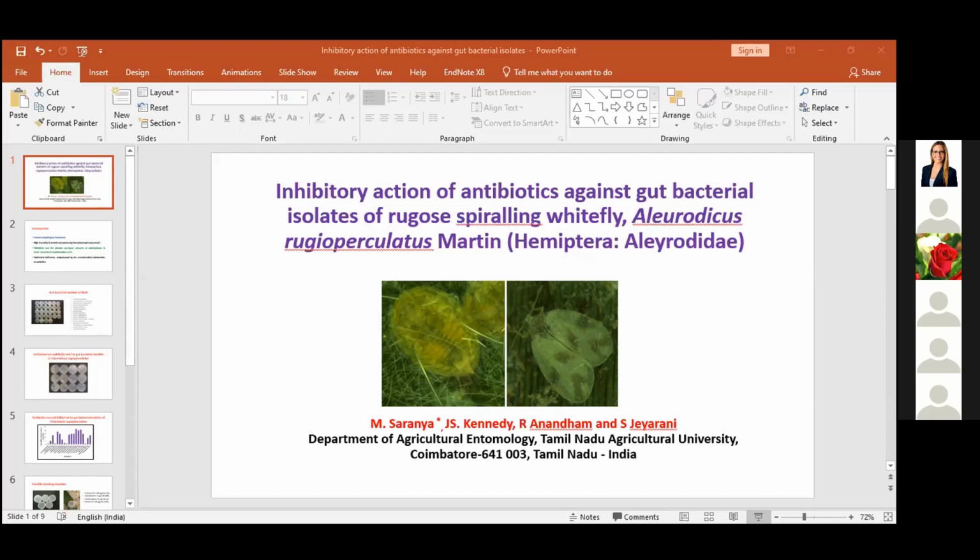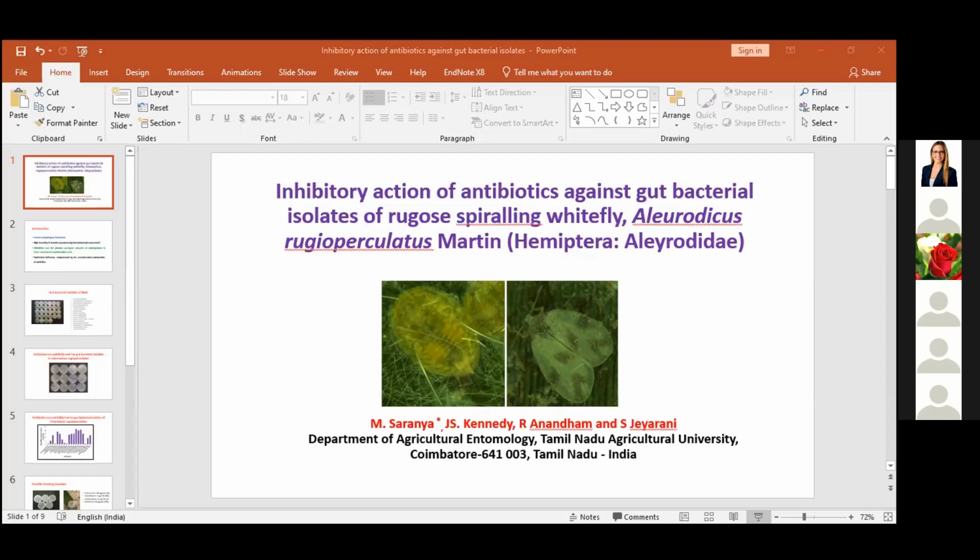We can see here the oviposition from the antibiotic treated population, that means carbenicillin plus ciprofloxacin treated populations. This is the control population. Here we see these egg spirals are less filled with eggs. Here we can see there are more eggs filled in this egg spiral.